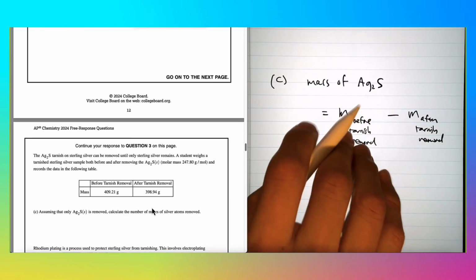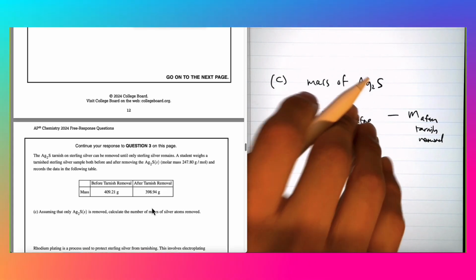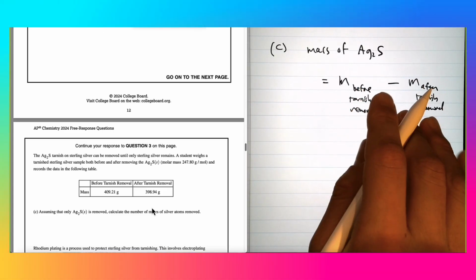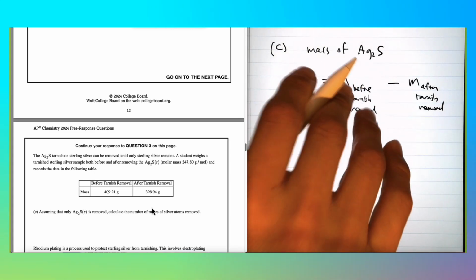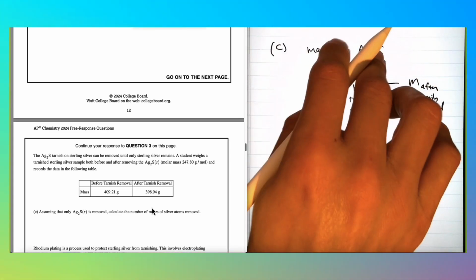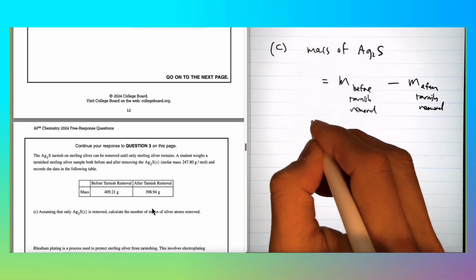So this is like you have silver and sulfur together, and here you just have silver. This one has the Ag2S and Ag, and this is Ag, so you only get to find out the amount of Ag2S.